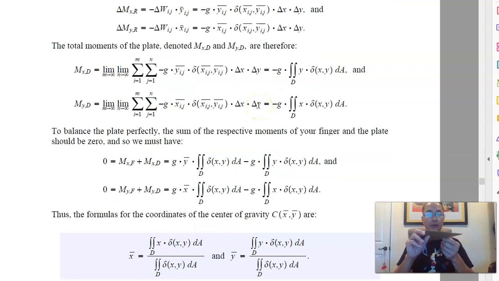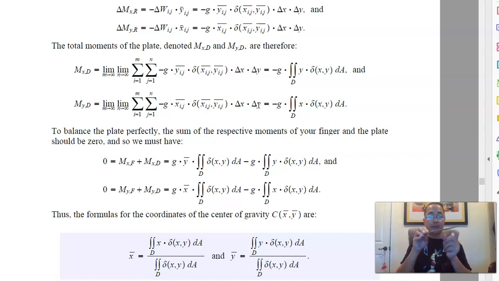I have the plate again. We should notice that the two moments are opposite in direction when it comes to rotation. Let's say this is the x-axis. Your finger is trying to push it this way, so from your perspective, it's counterclockwise.